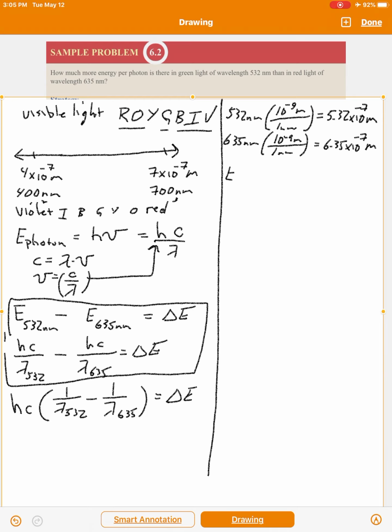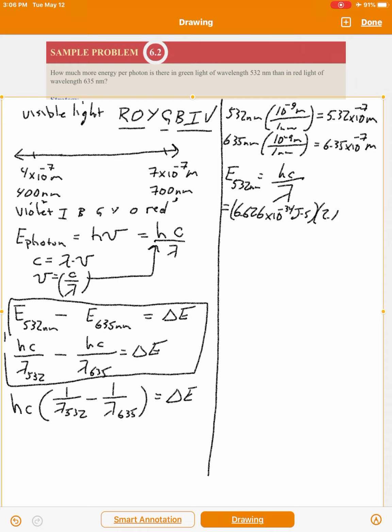So let's do the energy of the photon that's at 532 nanometers. It would be hc over lambda, right? Now, the constants here are pretty large values, so let me just write it out here: equals 6.626 times 10 to the minus 34 joule seconds. So that's h, that's a constant.